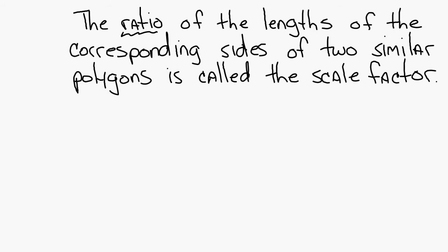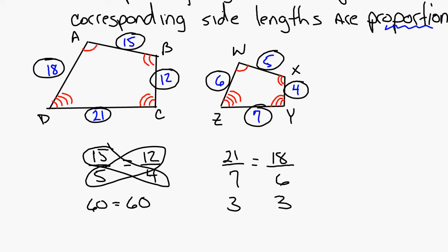So look back here on that first example we did. The ratio of the corresponding lengths of the sides, remember, we wrote the fraction 15 over 5. 15 over 5 would be what's called a scale factor. 15 over 5 simplifies to 3 to 1, doesn't it?